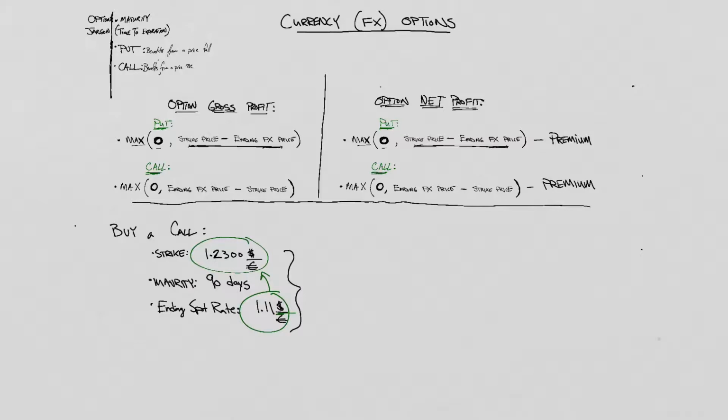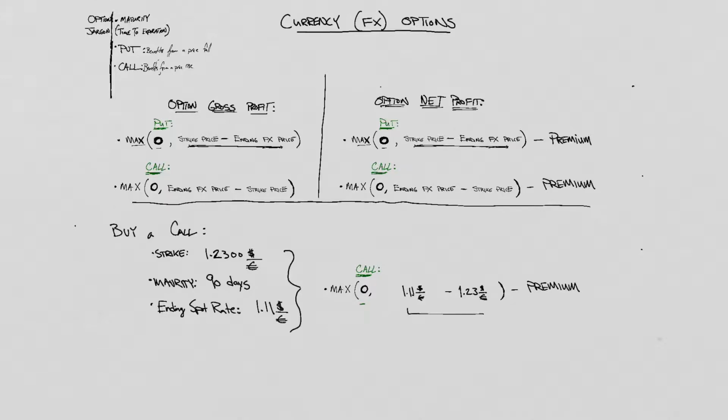The euro actually buys fewer dollars here, so we can see that we actually didn't make any money on this call option. In fact, if we plug it into the formula for gross call option profit, then we get the maximum of either zero or what we see here, the $1.11 per euro ending price minus the $1.23 per euro original strike price.